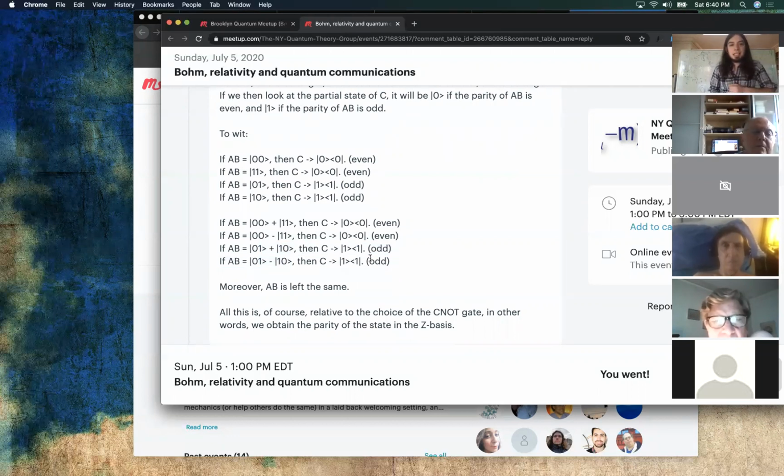But if these were arbitrary linear combinations, then what would it give you if instead you had the XX state instead of 0,0? Then this gate would not give you the parity of that. But you're not transmitting information. That's the bottom line.